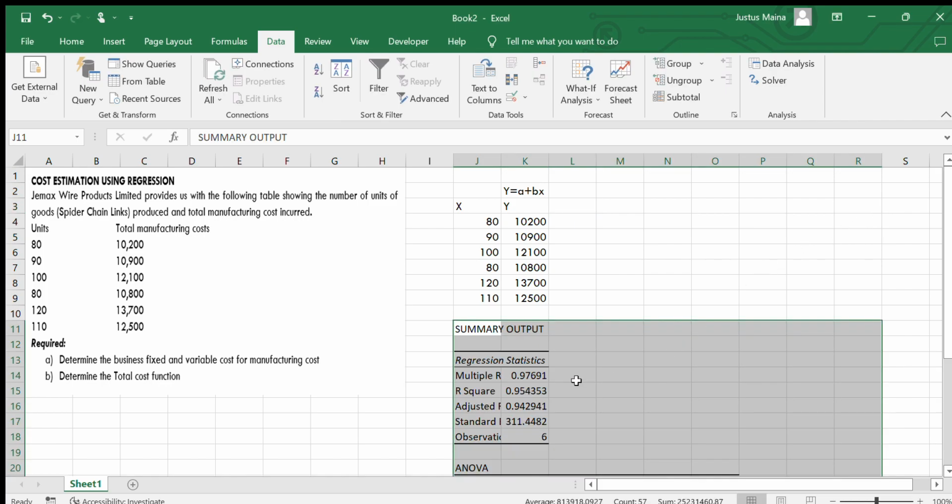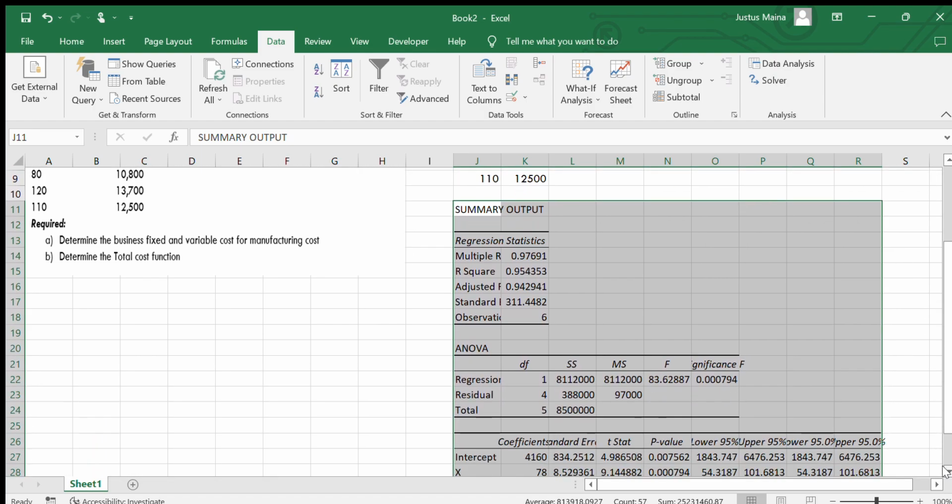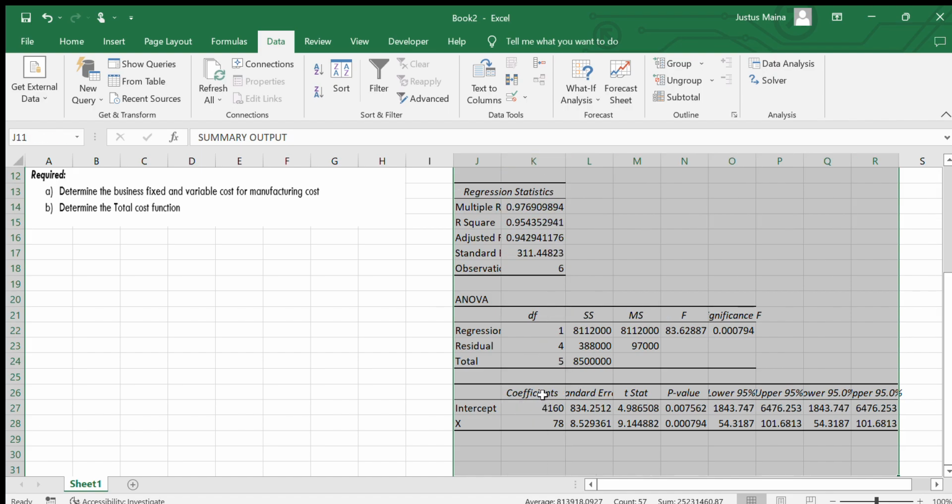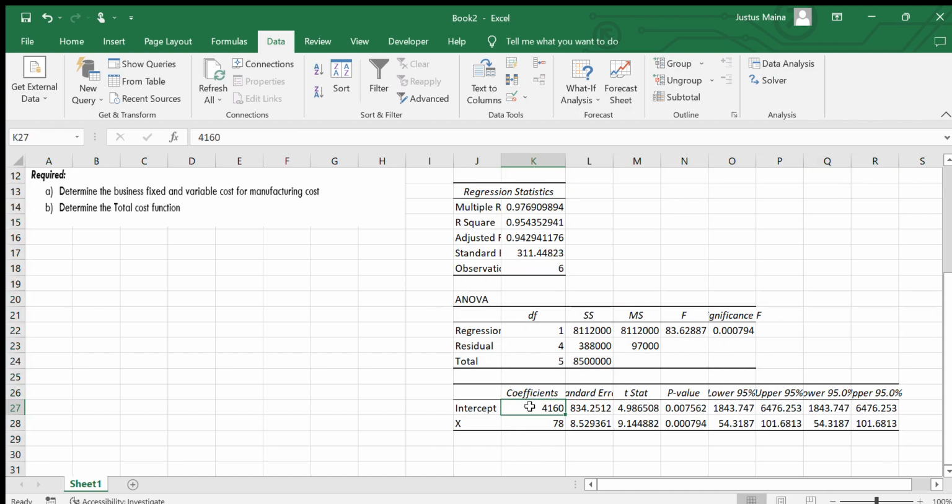From what we have here, we have the regression, and we have been given some figures. You can see from this part that we have the intercept, which gives us the coefficients, and in the coefficients, this we call the constant. So if we need to solve from y equals a plus bx, 4160 is the a.